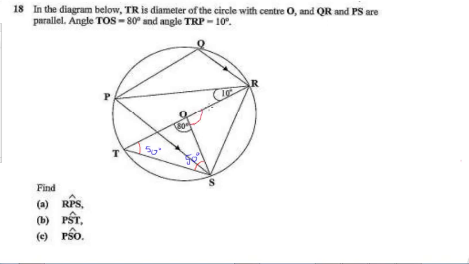So if this is a straight line, it adds up to 180 degrees. So 180 minus this 80 degrees gives us the angle that's remaining there. And 180 minus 80 gives us 100. So we've got 100 degrees at that point.